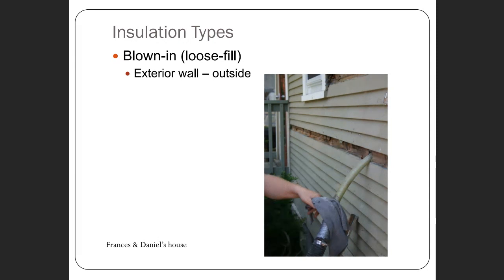So the people doing the insulation peeled off a strip of siding and they drilled holes from the outside and they filled those wall cavities with insulation. Here's again a person who's got the hose stuck in the hole on the outside of our house blowing in insulation.